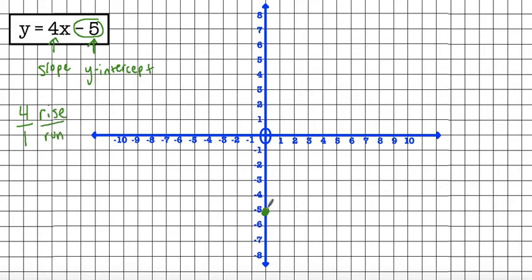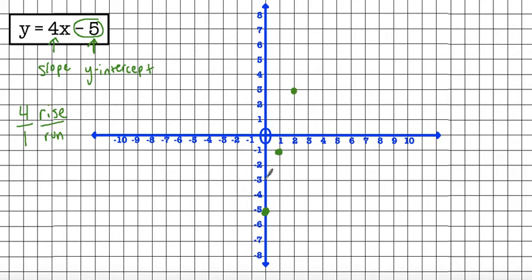Meaning, from this coordinate, I'm going to go up 4 units, 1, 2, 3, 4, and I'm going to go to the right 1. The reason why I go up 4 is because our slope is positive, and the reason why I go to the right 1 is because our 1 here is also positive. And I'm going to plot another coordinate: 1, 2, 3, 4, and then over 1.